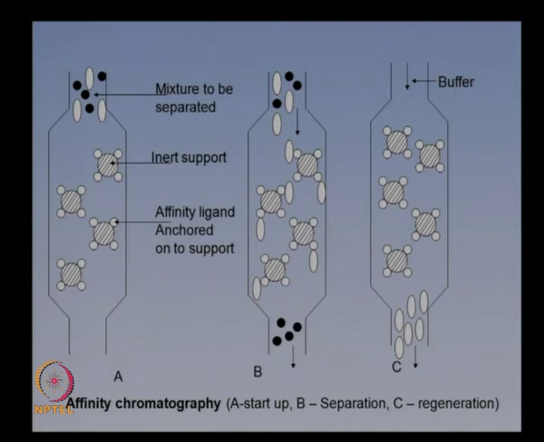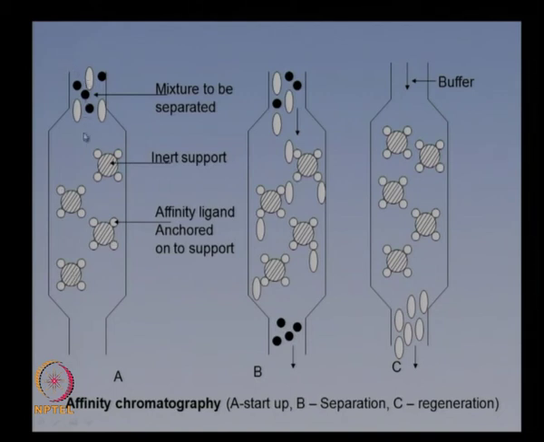So affinity chromatography depends upon the affinity between a protein and a ligand. So the protein could be immobilized on the support, so we can have a mixture of ligands flowing down, only those ligands which are complementary to the protein get bound, whereas other ligands travel down, or we can have ligands bound to the stationary phase.